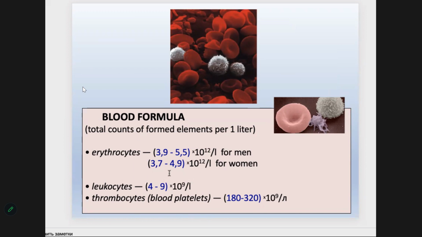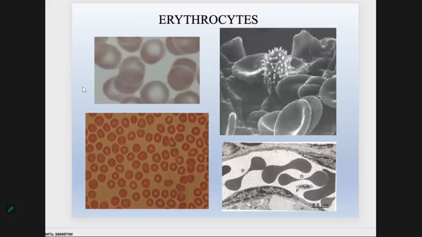So look at this blood formula. The prevalent population of formed elements is the population of erythrocytes, 10 raised to 12 in a liter. And now we'll start to speak about the erythrocytes.